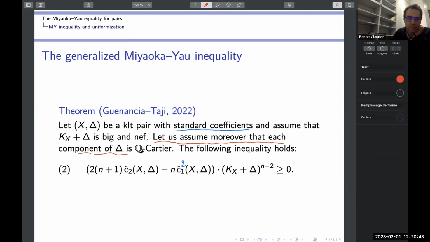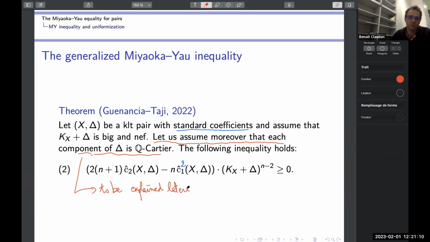But there is this assumption that could seem strange: the fact that any component of delta is assumed to be Q Cartier. I will explain in a moment why this is necessary.